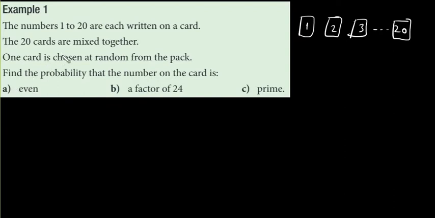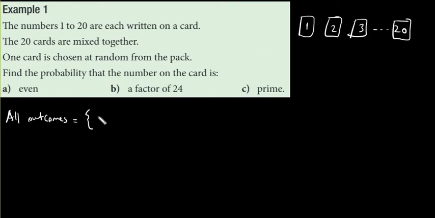Actually, let's start with the number of outcomes. Let me write all outcomes first. The outcome is the number or whatever we get when we choose a card at random. For example, if I choose a card at random, what can I get? I can get 1, I can get 2, I can get 3.